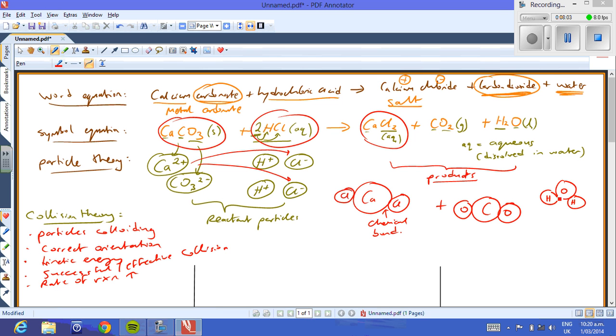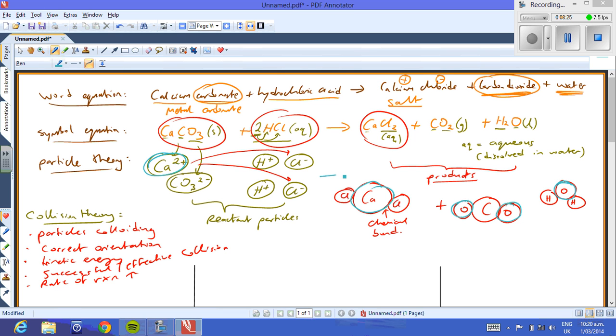And I like teaching students particle theory to help them understand how equations balance out. Because if you take, for example, the fact that we have one calcium ion here, you should be able to find just one calcium ion on the right-hand side. Whereas if we have three oxygens here, 1, 2, and 3, we should be able to find 3 on the left-hand side.